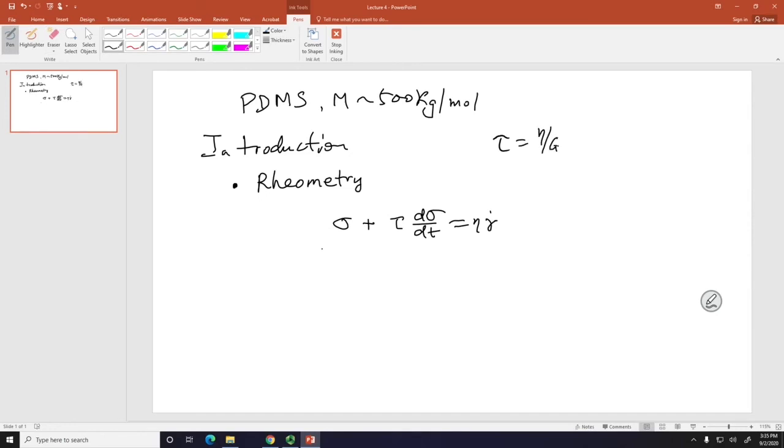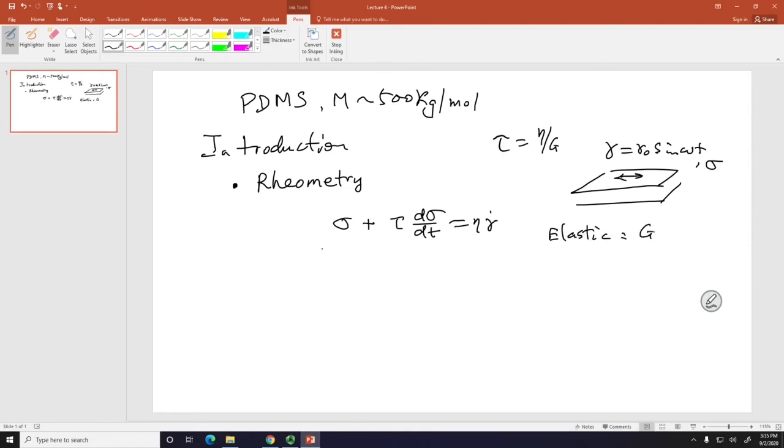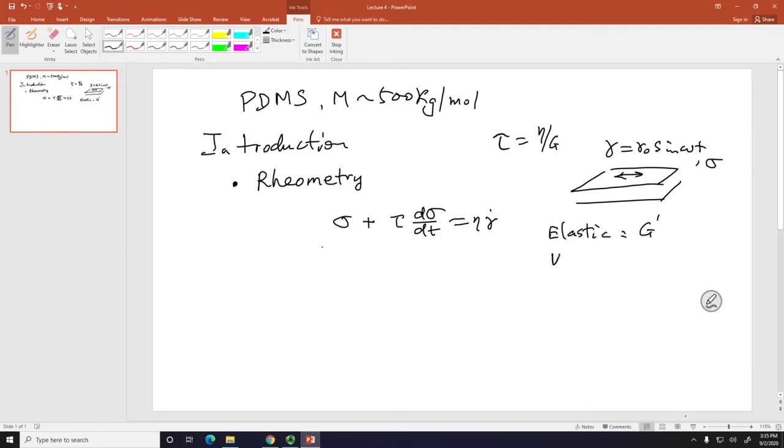And the way to identify it, typically, one of the good ways was to do so-called oscillatory shear. So you basically move your upper plate back and forth, and you observe what the stress response is. From the stress response, you will be able to tell there's something that characterizes the elastic response determined by G prime, and there is something that characterizes the viscous response characterized by G double prime.